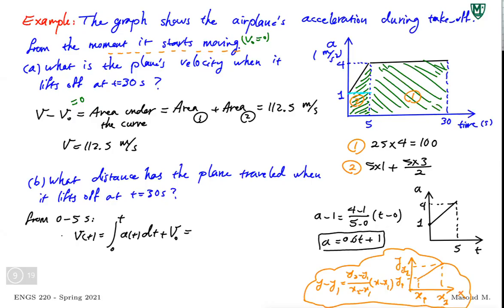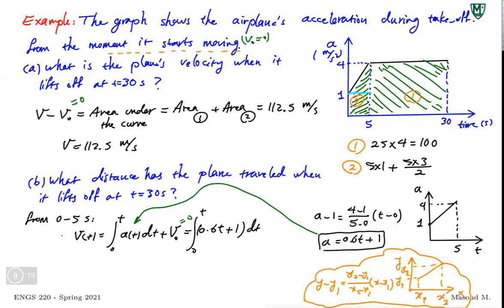And that's what I'm going to plug in here. So this becomes the integral from 0 to t of 0.6 t plus 1 dt, and v naught is 0.